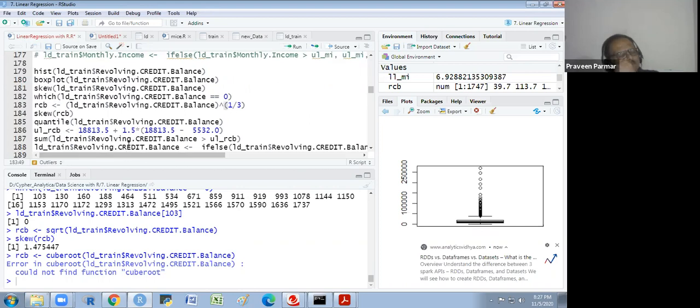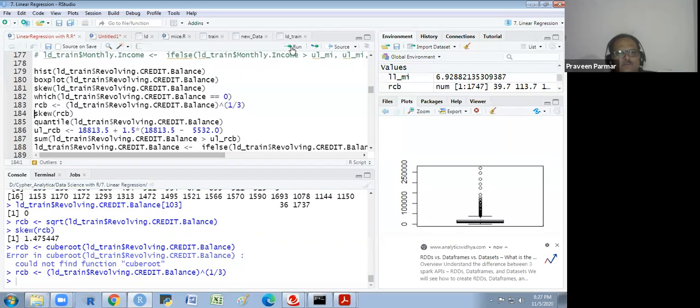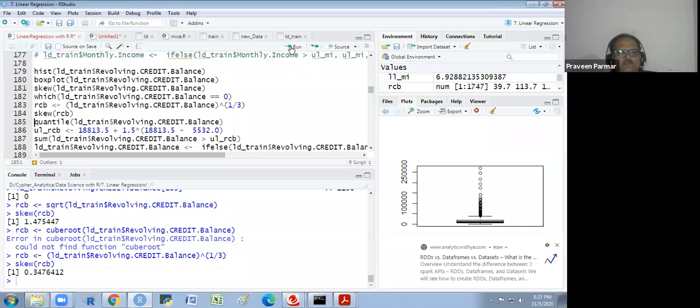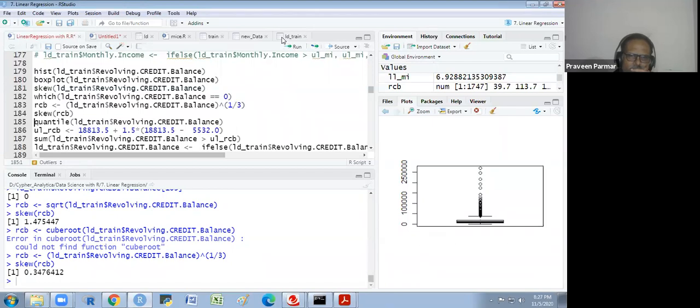You could put the star also. Run it. I see the skewness. Correct. Got it? It is now in control.